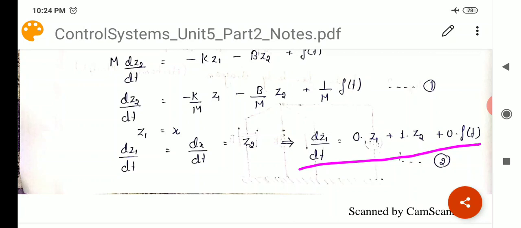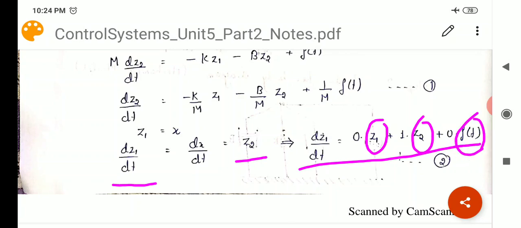Why did I write it this way? My original equation is dz1 by dt is equal to z2. But I need to write my equations in terms of all the state variables and the input in a proper order. First write the coefficients of z1, then the coefficients of z2, then the input.